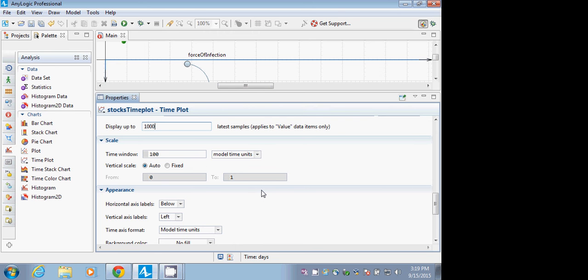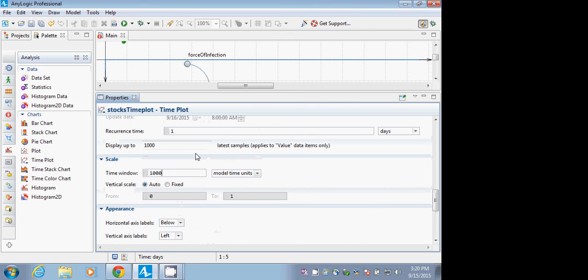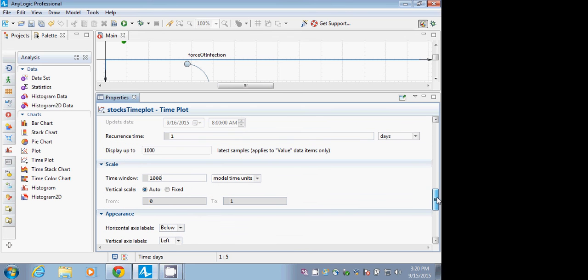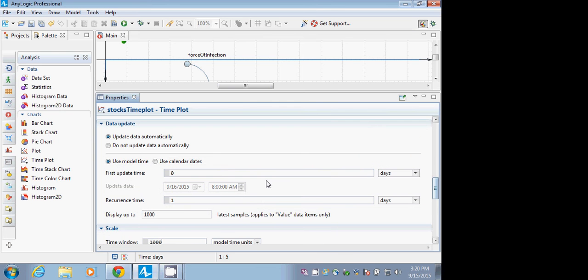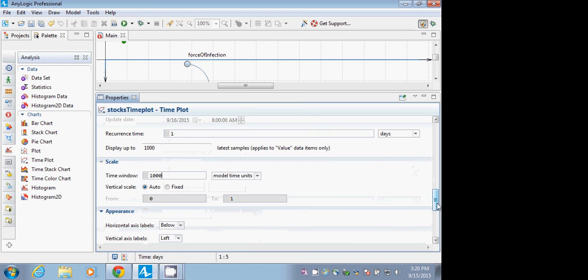I'd like you to make it 1,000 samples, and make the time window 1,000 time units. You'll notice this plot is set to go off first at 0 days, update itself every 1 day, and we're going to be keeping 1,000 of those.